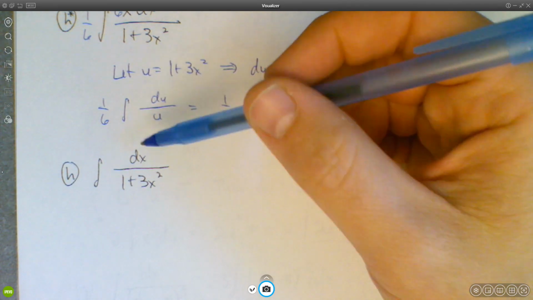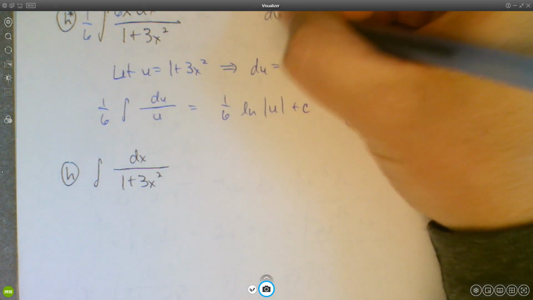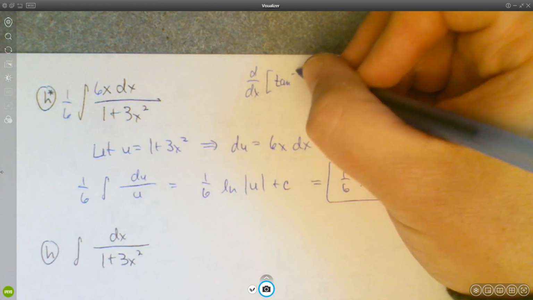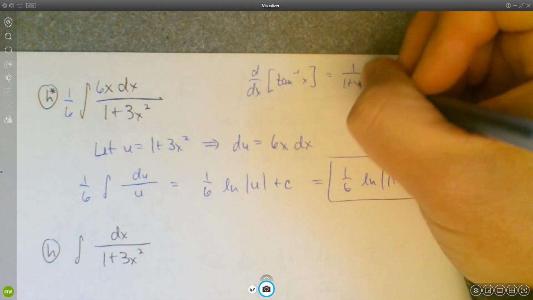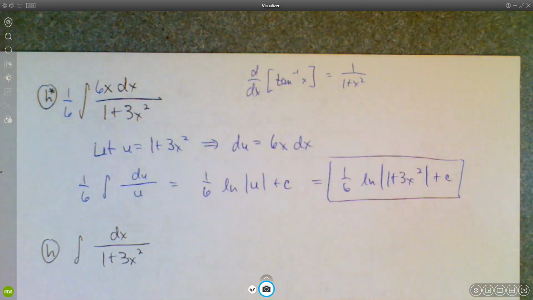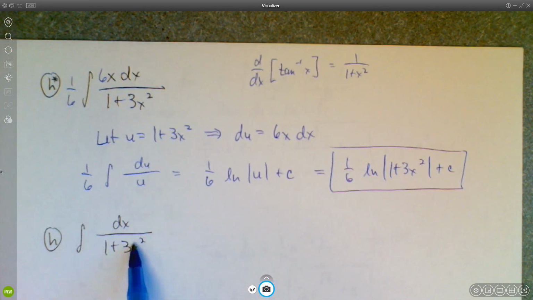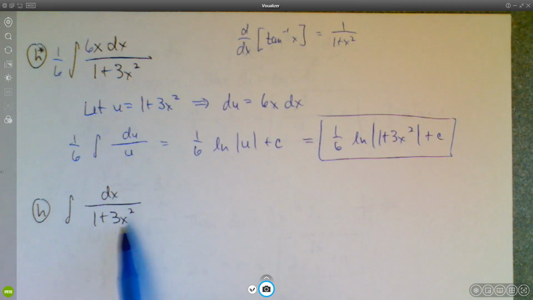Remember, the derivative of tangent inverse of x is 1 over 1 plus x squared, right? So that's kind of what this looks like. It's a 1 over 1 plus 3x squared. So the issue is that we've got this 3x squared. So that tells me maybe what I should do.